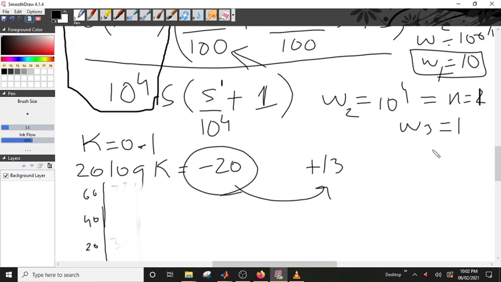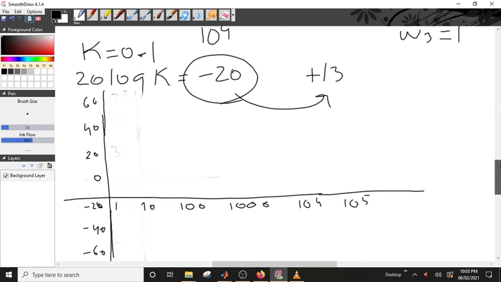So omega 3 is a pole at the origin, and its multiplicity is 1, right? Its power is 1, so it must be minus 20 dB per decade, and the line must cross this. So this is the first decade, right?